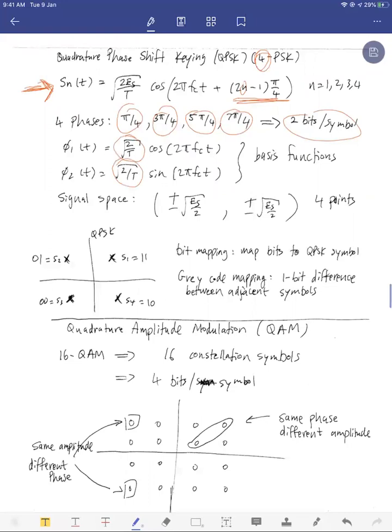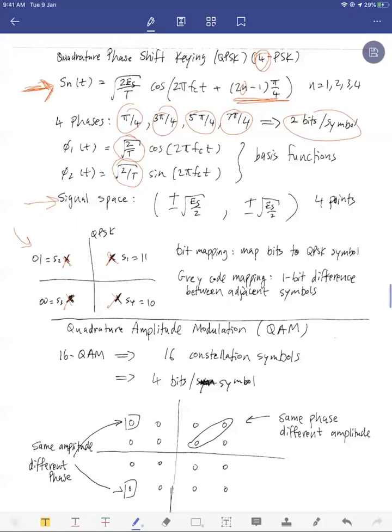Okay, now in signal space we can write these 4 points as shown, and we can plot them in the signal constellation diagram here. So there are 4 points: S1, S2, S3, and S4.